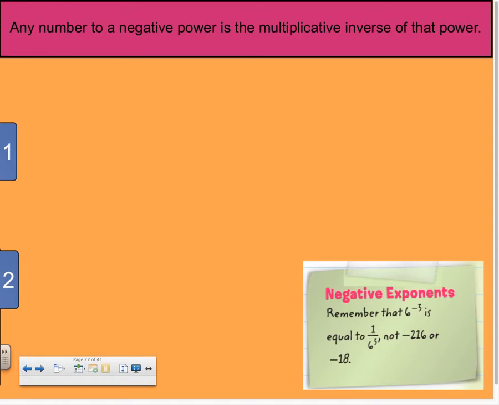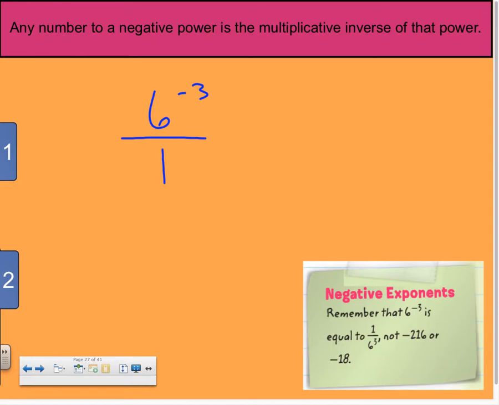If you look at example 1 in your book, it is 6 to the negative third power. All right? Now, we haven't really seen this before. When you have 6 to the negative power, what you can do is you flip the base and the exponent and put it in the denominator. You make the multiplicative inverse. All right? So remember that this would kind of be like 6 to the negative third over 1, right?